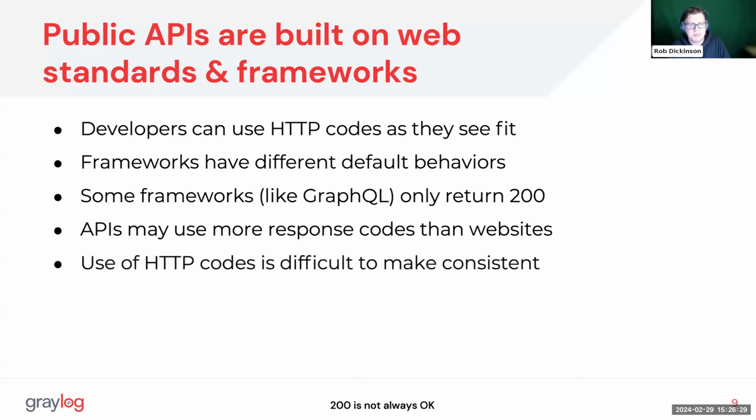So what does this all add up to from a monitoring perspective? Well, it means the use of HTTP codes, you can't really expect it to be perfectly consistent. It's difficult to make it consistent.